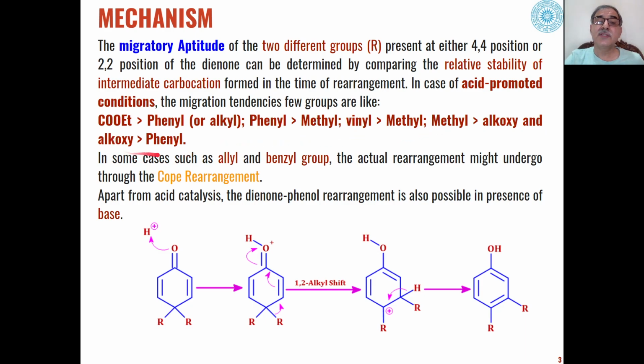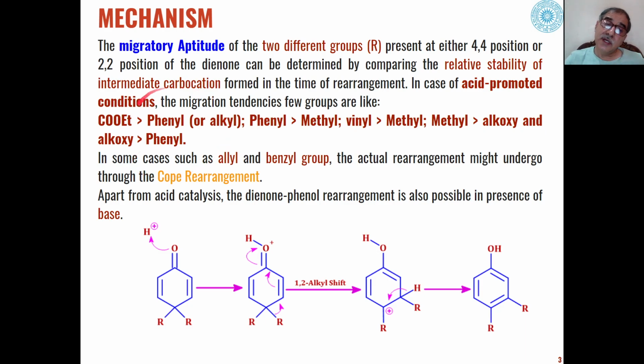And if alkoxy and phenyl are there, then alkoxy group will migrate in preference to phenyl group. So this is the migratory aptitude when these two different substituents are present on the 4,4 position or on 2,2 position of the substrate.